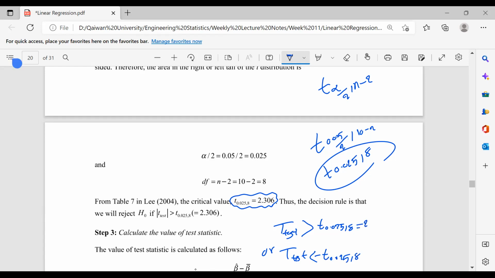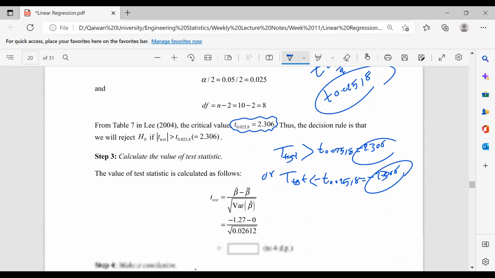It's 2.306, and this is minus 2.306. If the t-test is greater than 2.306 or less than minus 2.306, we reject the null hypothesis. In these two cases, we will reject the null hypothesis. If not, we fail to reject the null hypothesis.